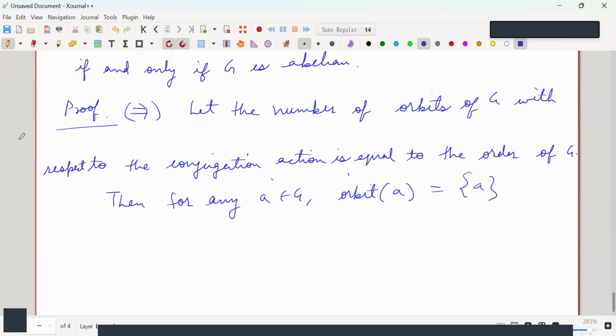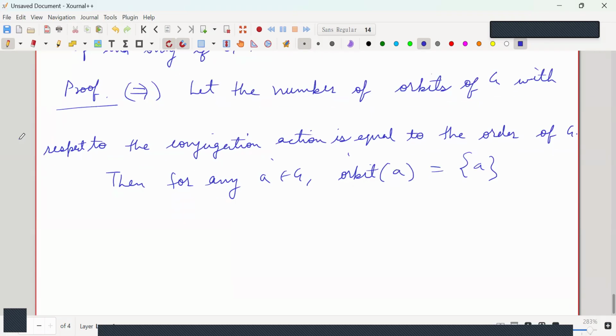If the orbit of a is not a singleton set, say it has more than one element, then for all elements inside that orbit, their orbit will be the same and that has size more than one. So the number of orbits will be less than the order of G, right?